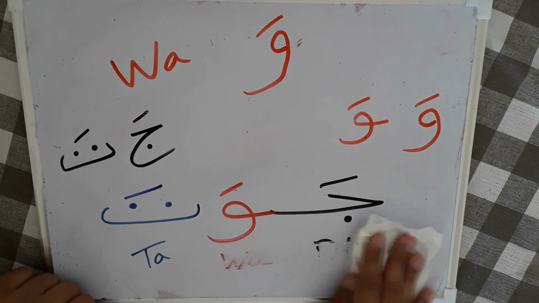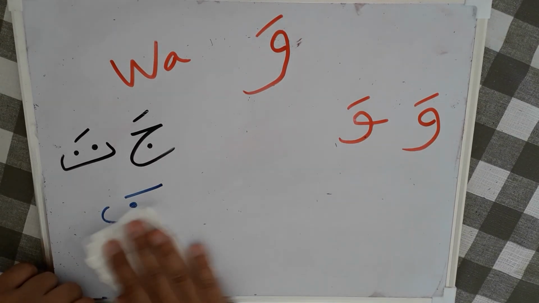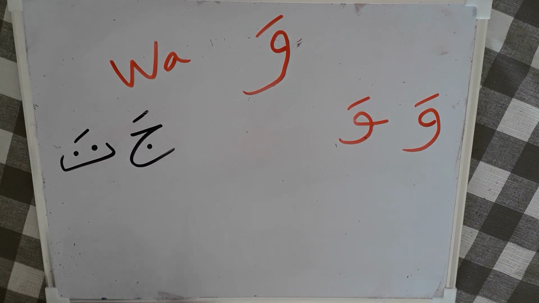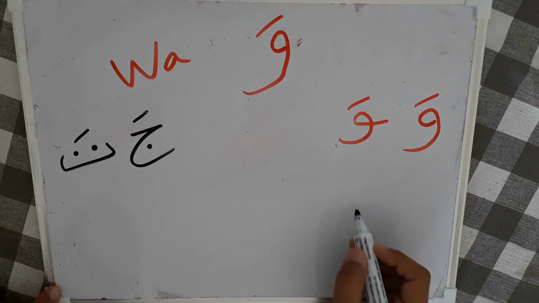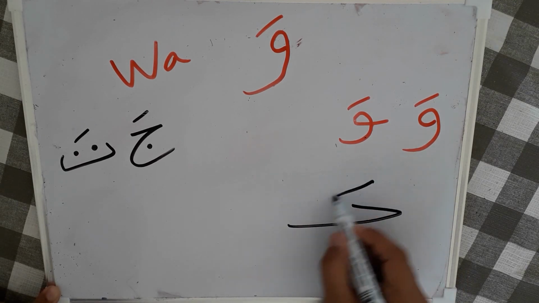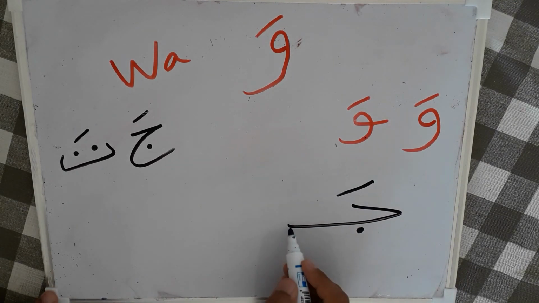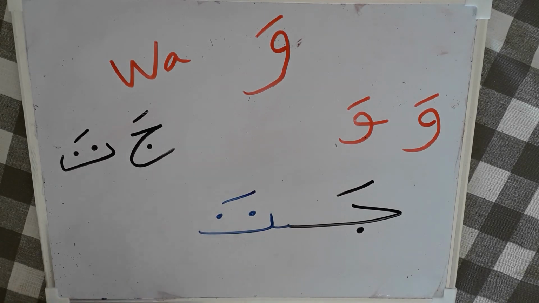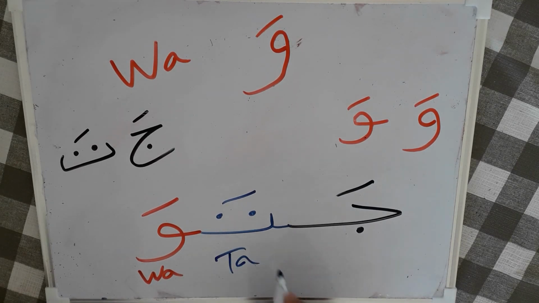Let's see another crazy word that ends with wa. Let's start with ja, ta, wa, jatawa.